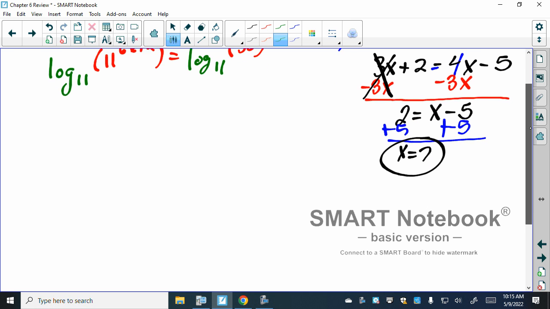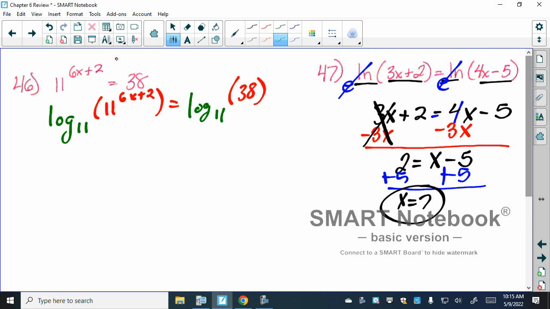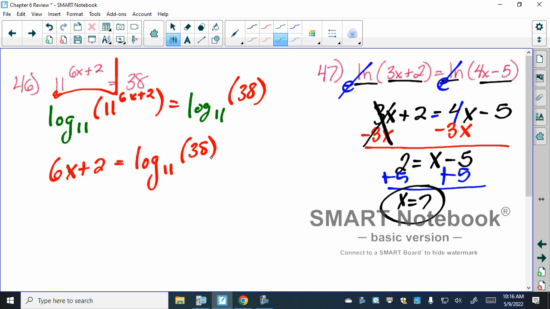And the reason we do this is because, one, properties of exponents, the 6x plus 2 would move to the front. And log base 11 of 11, what's left over is 1.